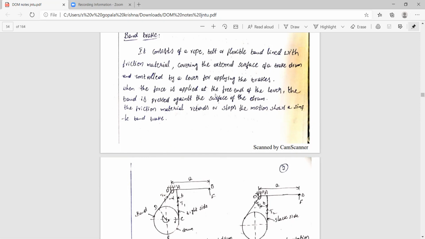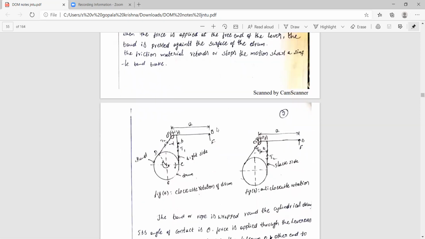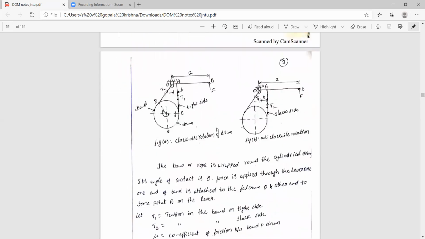When it presses the surface of the drum, it stops the motion of the vehicle. So this is the simple band brake.